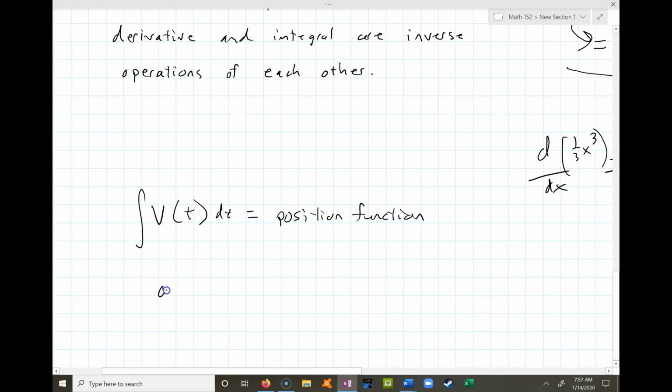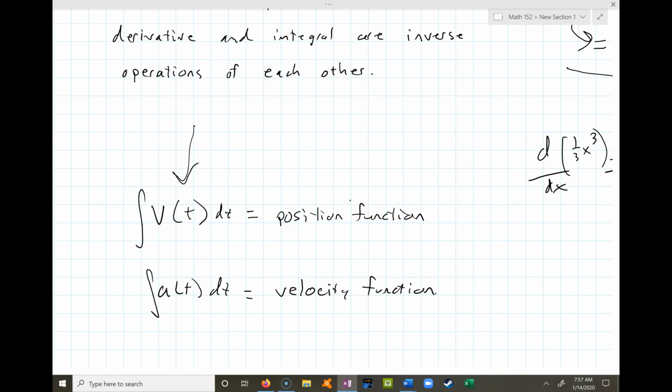Or if I have an acceleration function and I integrate that, that'll give me a velocity. In general, if I have any kind of rate of change and I integrate it, I will get a function that gives me the total change.